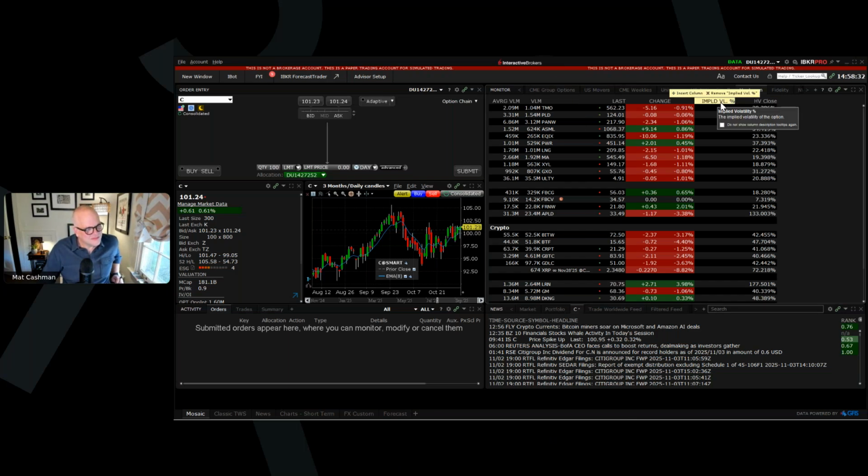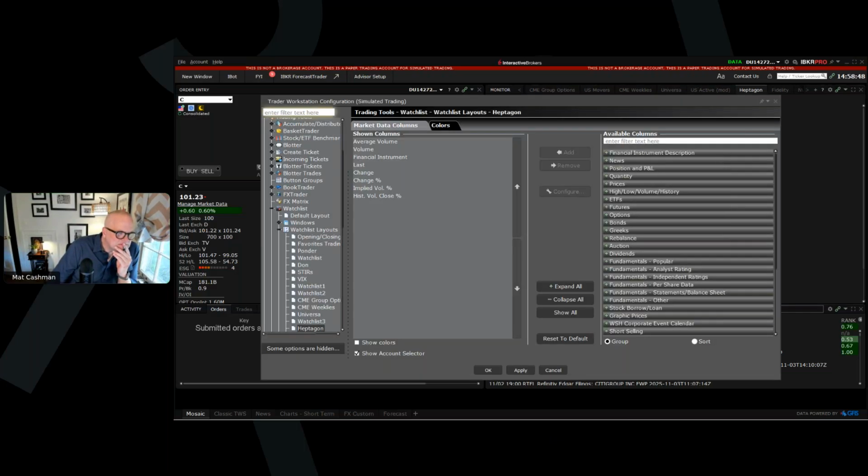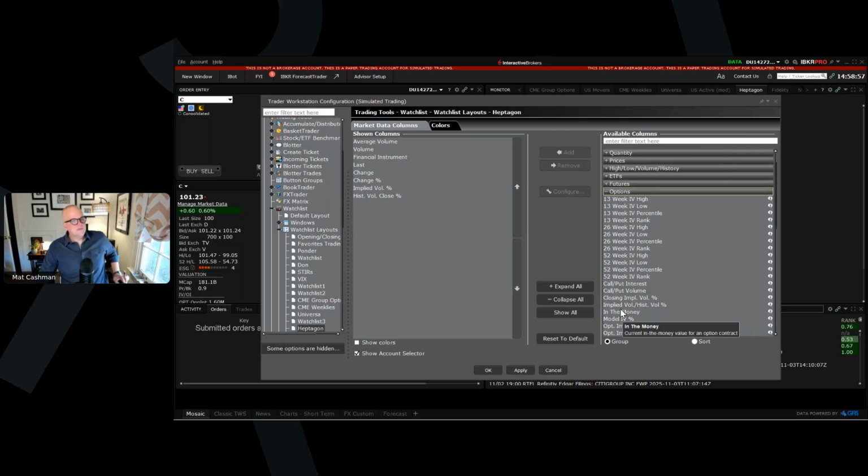I've added the implied volatility column there, and the historical volatility closing value there as well. All I did was click right in this top line where my column headers are. Click right, manage columns, and then from the available columns on the right, go to options, and the values that I just pulled were in there.